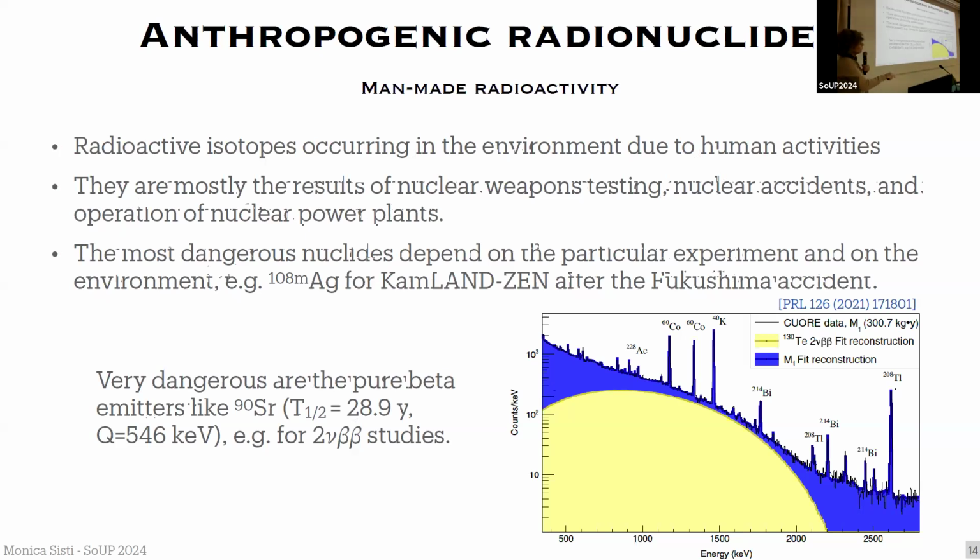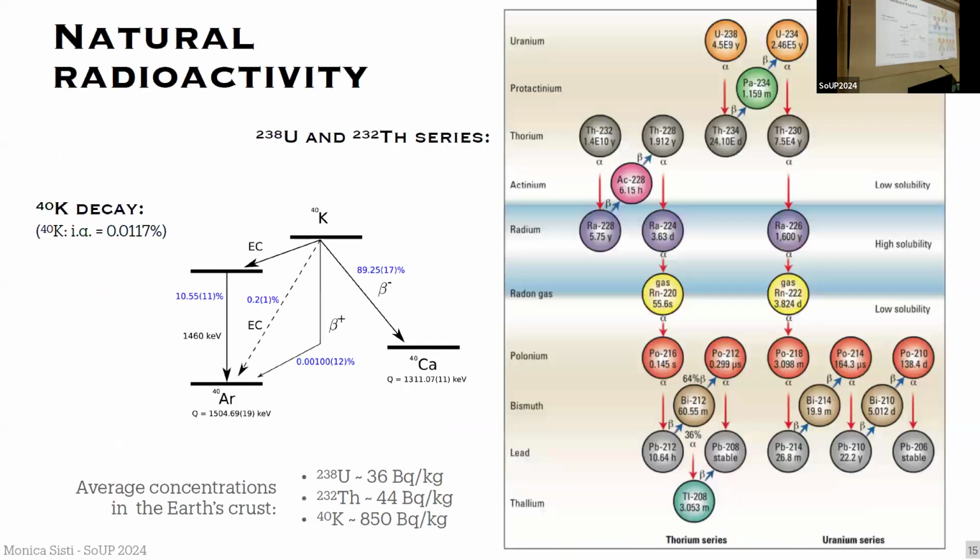But if we want to make a precise study of the two-neutrino decay, this yellow area here for tellurium-130, it goes in competition because it is a beta decay with an endpoint in this region. So they could be tedious also for many other reasons.